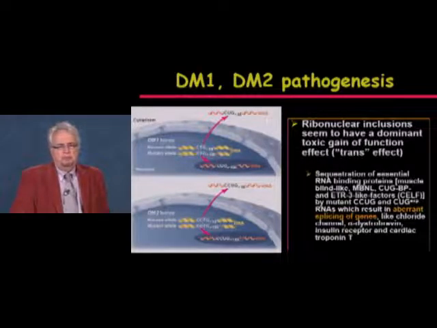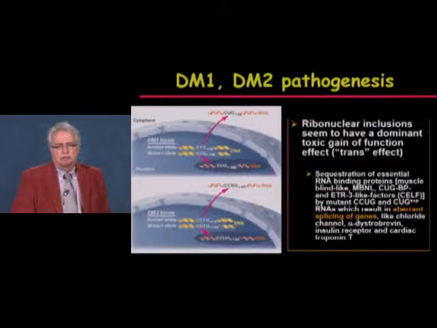So the mechanism is similar, and has to do with compromised splicing of, let's say, the chloride channel gene. This is why they have myotonia. Alpha-dystrobrevin, for example, or the insulin receptor gene gets spliced in an abnormal way. Therefore, this is why you have insulin resistance, and also cardiac troponin T. This is why they have cardiac issues.